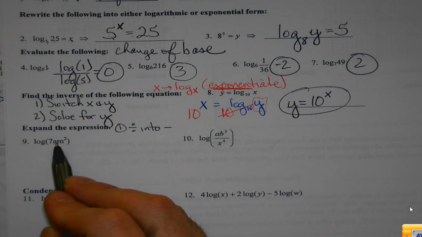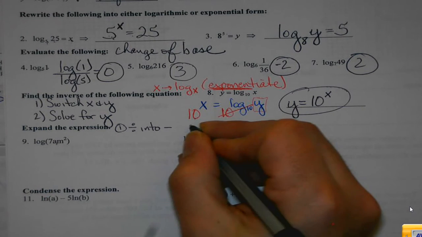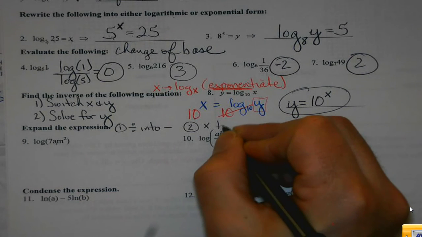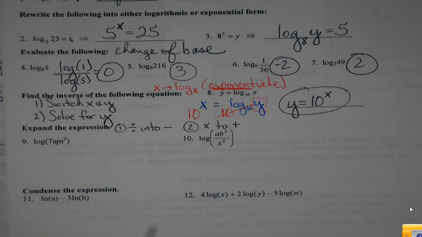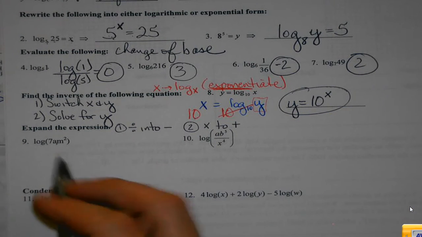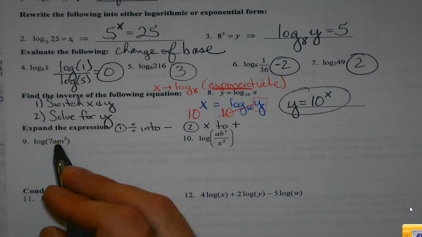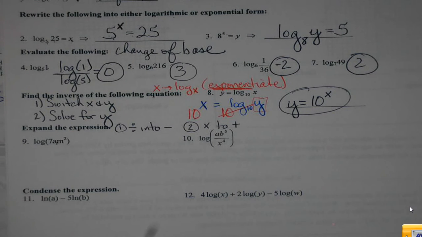What if I don't have any division? Why did I skip that step? If I get to skip that step, the next step is to turn multiply into add. Well, I got lots of that, because here, between the 7 and the a and the m squared, I have multiplication dots.